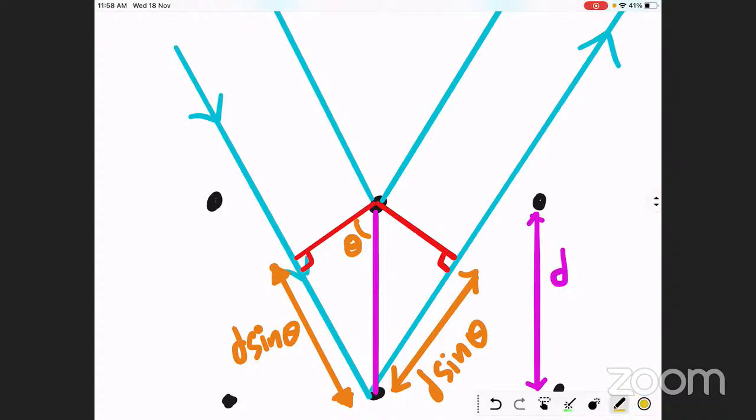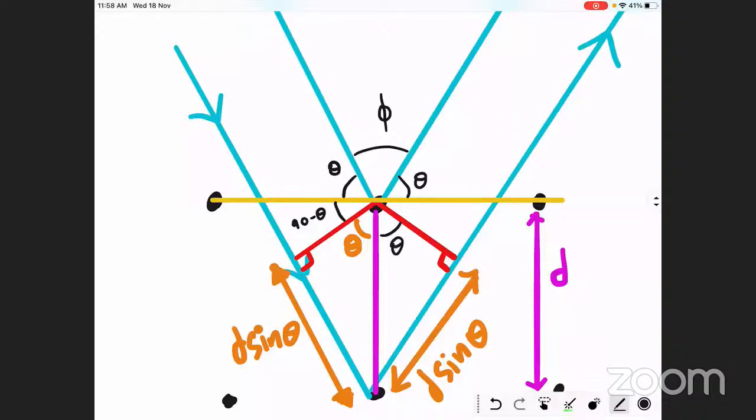Draw a straight line here. If this angle is theta, bachcho, this angle is 90 minus theta. That's why we got this as theta. And this is the angle of diffraction, where theta is also known as Bragg's angle.